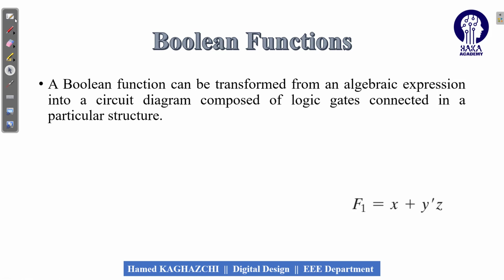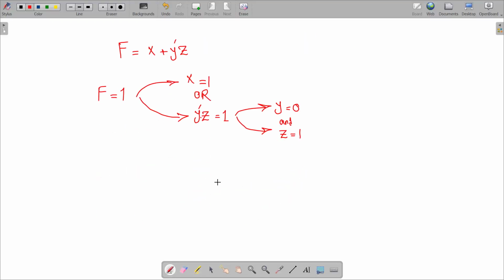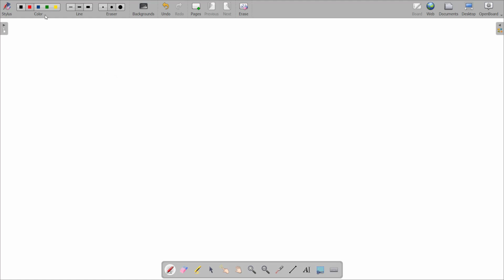Now, I want to show you how we can draw it. Our Boolean function is this: f is equal to x or y prime z. Again, first of all, we have to look at the number of variables, because we have 3 variables. We draw 3 lines and write them as x, y, and z.